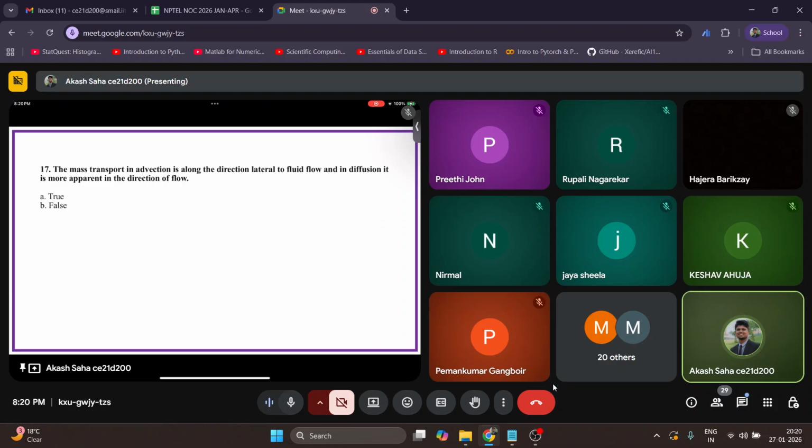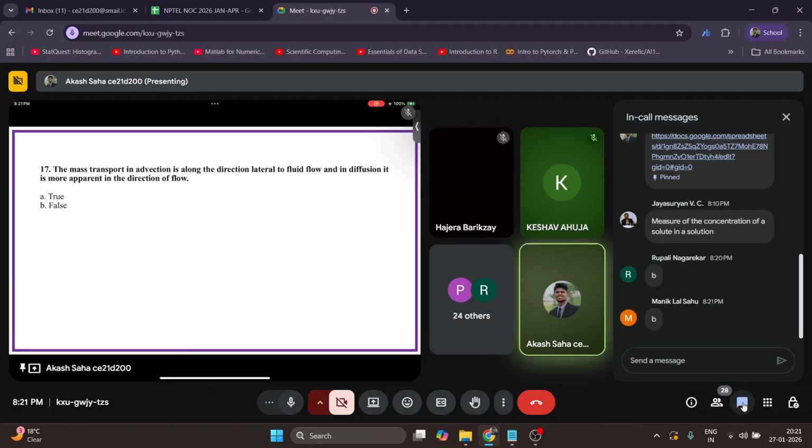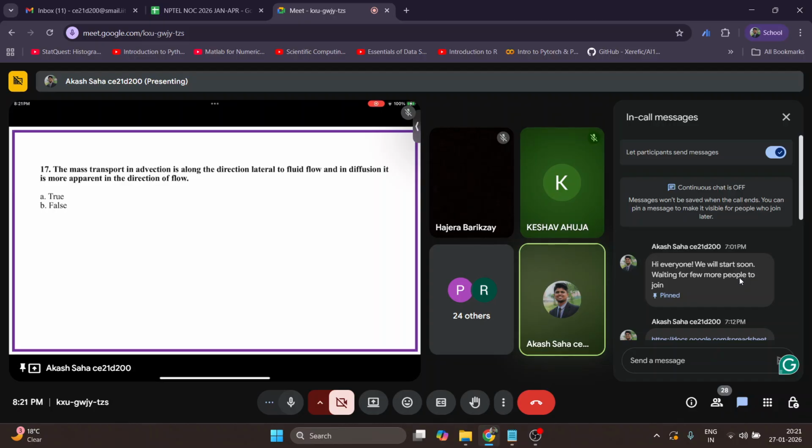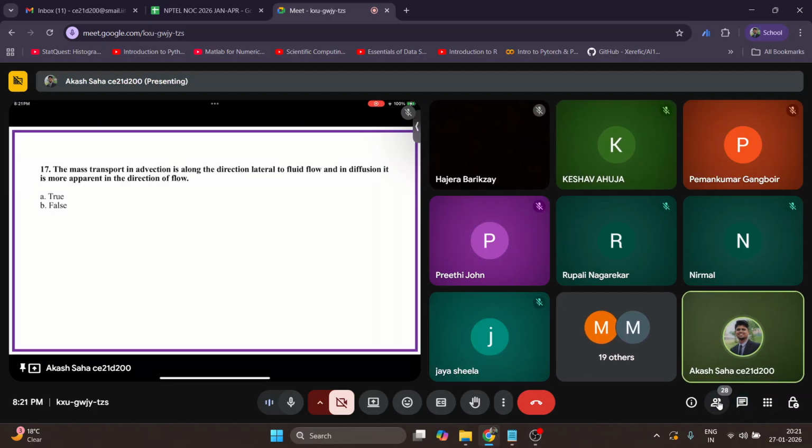So mass transport in advection is along the direction lateral to the fluid flow, and in diffusion it is more apparent in the direction of flow. False. So what should be the correct answer here? Can someone tell me?